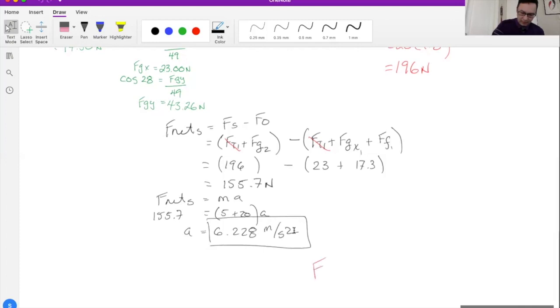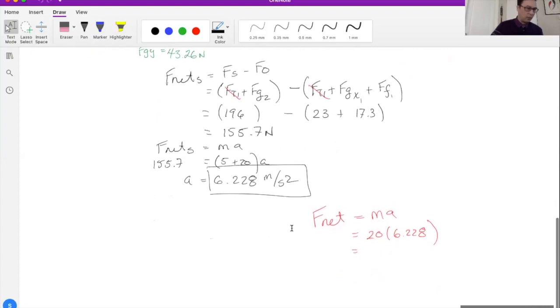Force net is equal to mass times acceleration. I know the mass of that object is 20, and the acceleration is 6.228 downwards. That's an F net of 20 times 6.228, which is 124.56 newtons.